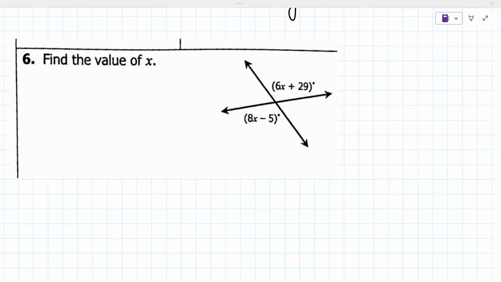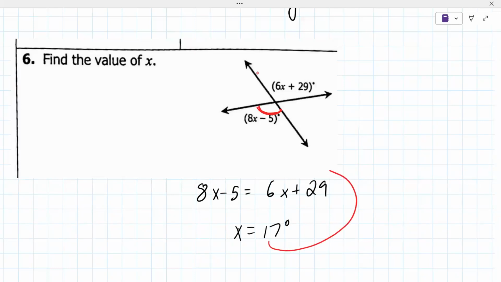Plus 5, plus 5. 34. So x is 17. Now let's say we wanted to find the angle measure of this. What would we do with that x value? Oh, substitute. Okay, so can you do that for us, please?